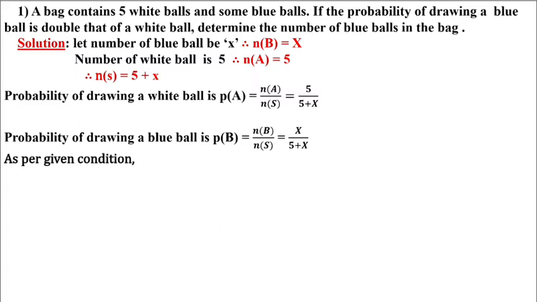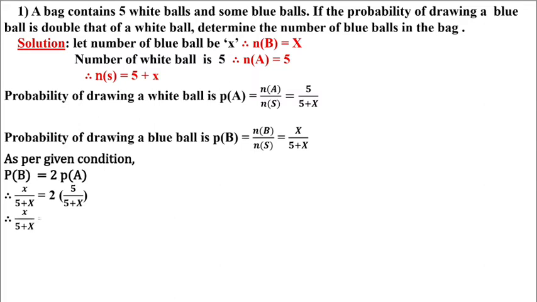As per the given condition, the probability of drawing a blue ball is double that of a white ball. So the probability of B equals 2 times the probability of A. We got x upon 5 plus x equal to 2 into the probability of A, which is 5 upon 5 plus x.